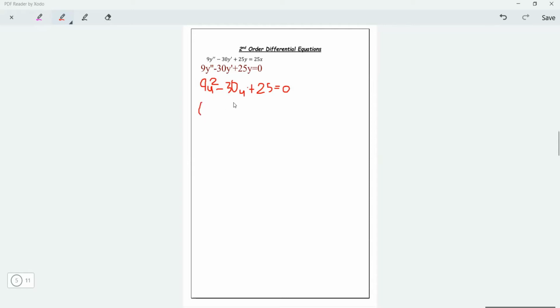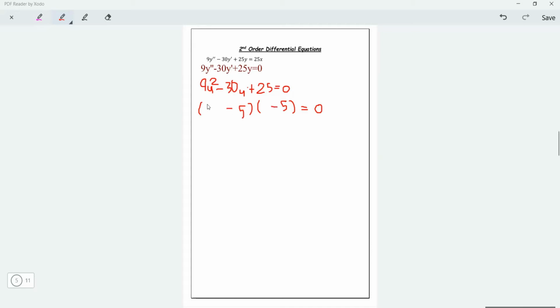I'm going to factorize it. Looks like it can factorize easily. I'm not quite sure as yet. 25, I'm hoping it's 5 and 5. Signs are the same, both of them negative, so that's minus, minus.